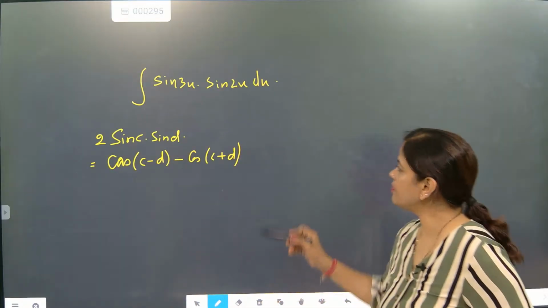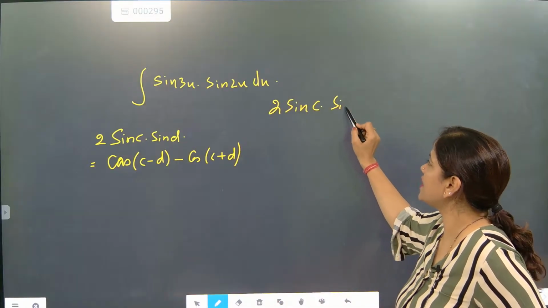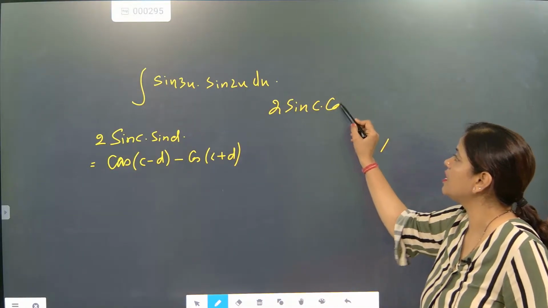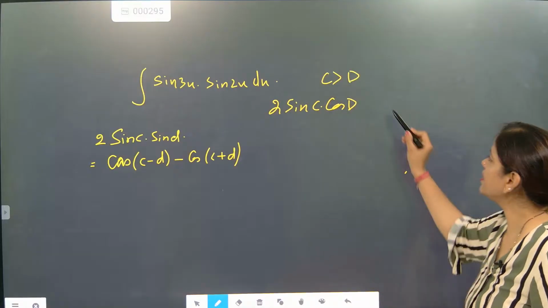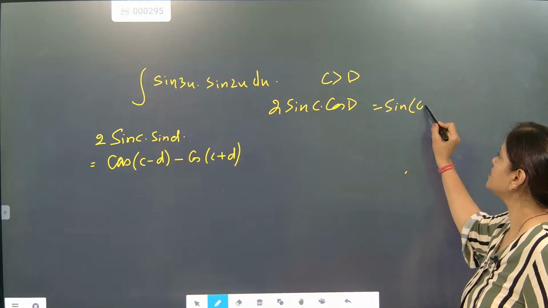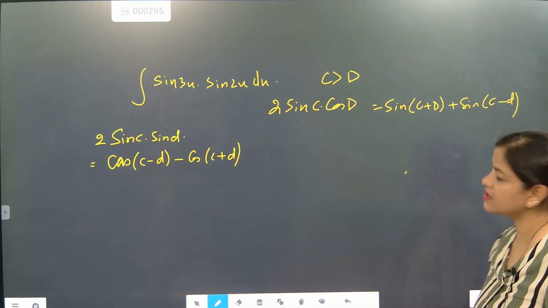If you will not remember the formula, this story is over. Look at 2 sine C into cos D, I am telling you the formula. But one thing is there, C should be greater than D. So here it will become sine of C plus D plus sine of C minus D. This is one part. Understood?